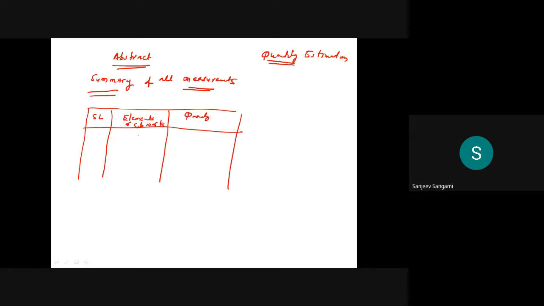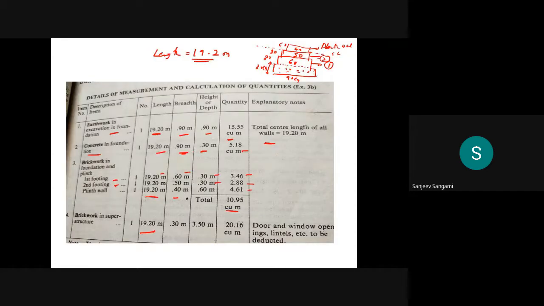Then quantity. So first one, that is earthwork, whatever earthwork in foundation. That is one item, or you can write it as elements. Better elements or subwork. So then we got 15.55 cubic meter.